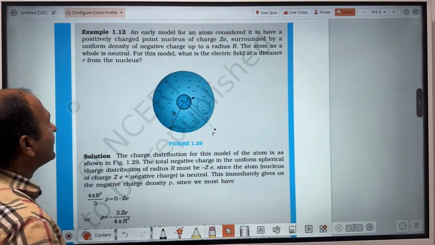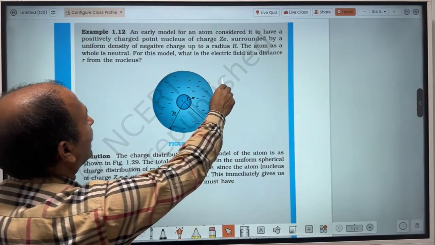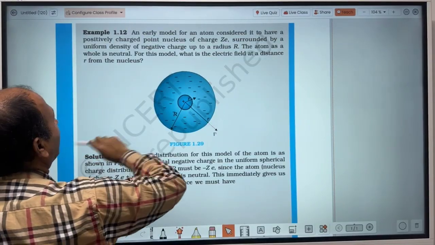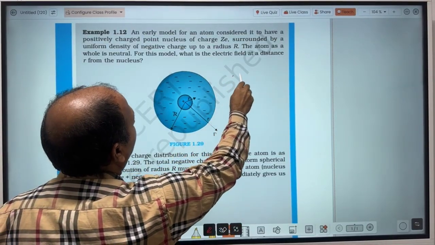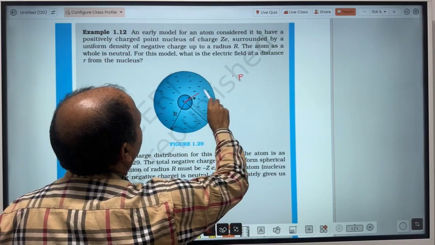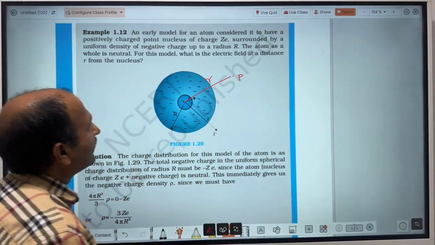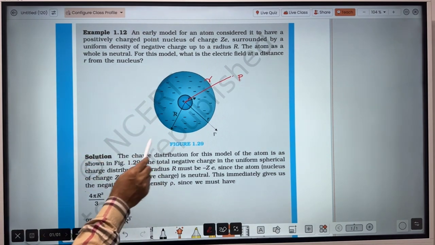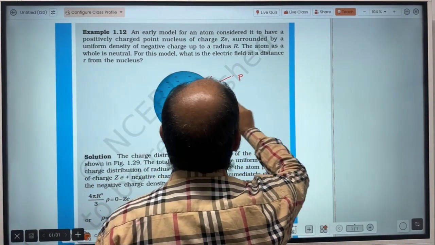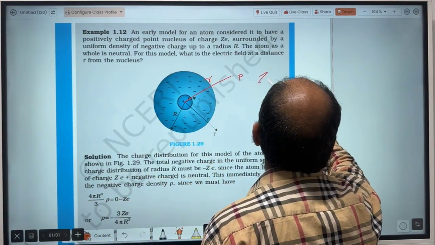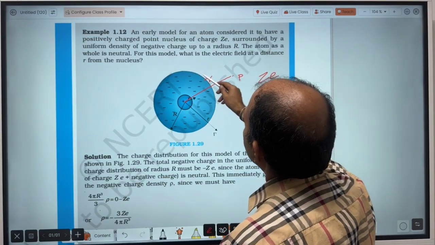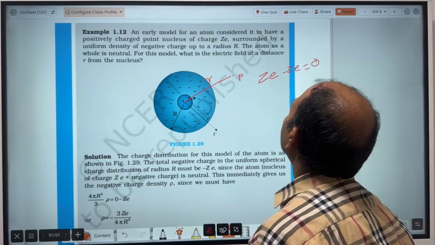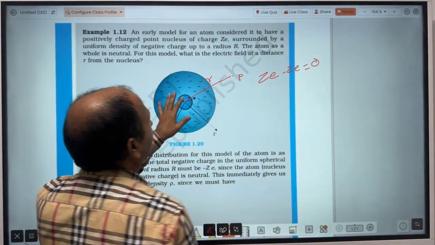Now consider another situation in which point P lies outside. In that case, what will be the electric field? Suppose point P is here, this distance is smaller. In that case, what will be the electric field? What will be the total flux? So here, net positive charge will remain Ze, and net negative charge will be minus Ze, so charge enclosed will be 0.